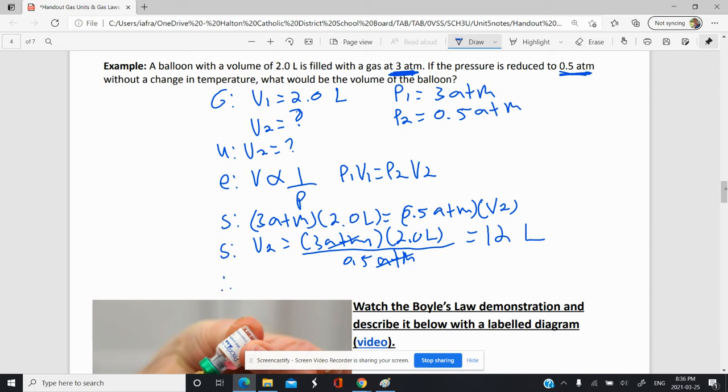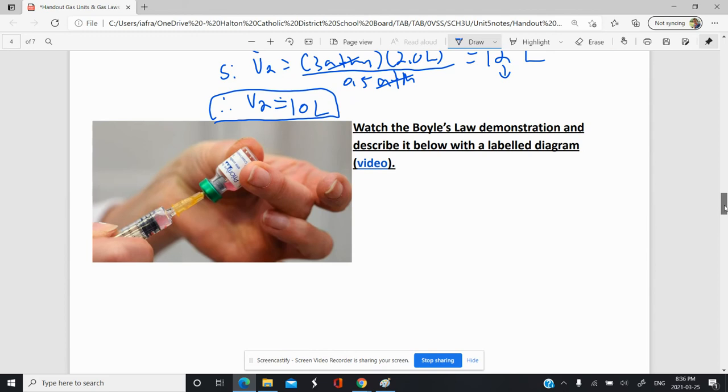So we're going to do therefore, the V2 is approximately, we can round down to 10 liters to get 1 sig fig. And this makes sense. We said the volume should increase because we decreased our pressure. So volume should go up compared to the 2 liters that it was before. And so that was our second example with Boyle's law.